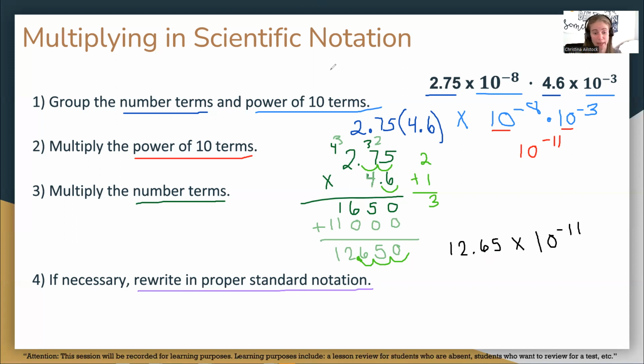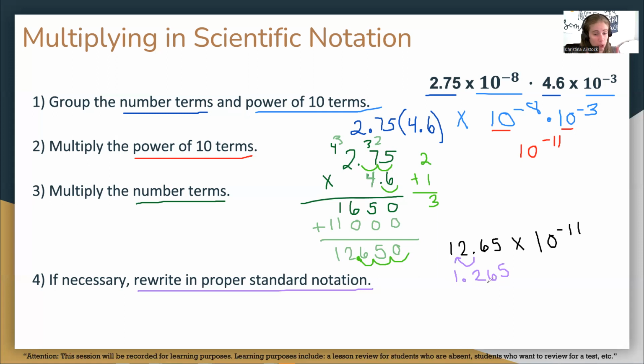Therefore, let's undo that. Not the right direction to move the decimal point. But if I moved it over 1, that would give me 1 and 265 thousandths. Does that meet our requirements? It sure does. That number is greater than or equal to 1 and less than 10.